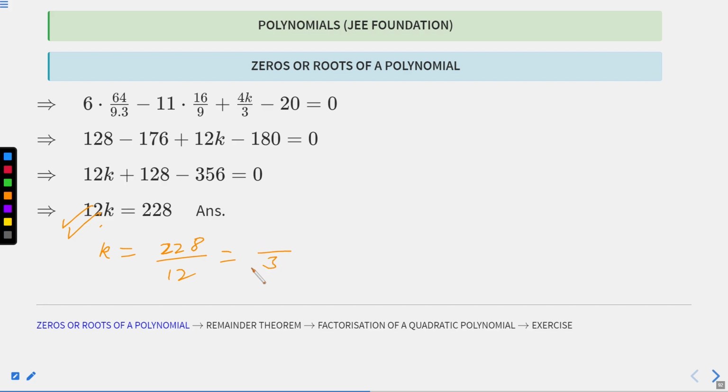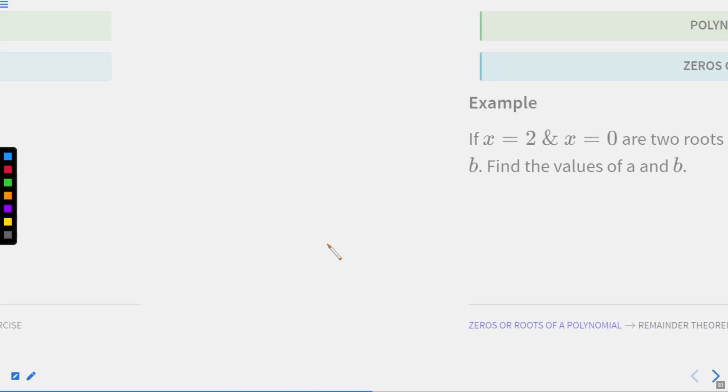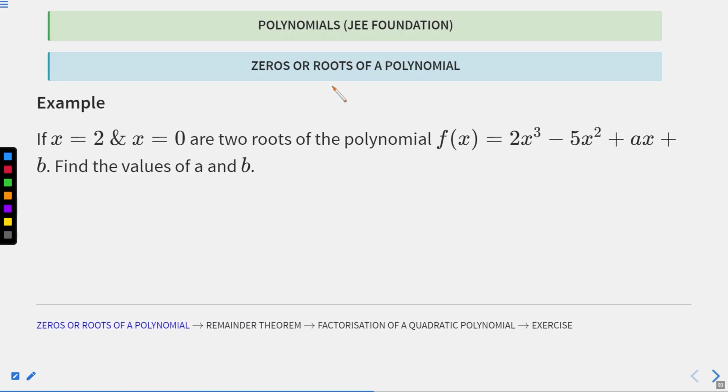So 4 times 3, so 4 5 and say 57. So this is the value for k. I hope you can easily solve it and you will eventually get your answer correct. Okay, so let's move to next and see other questions.